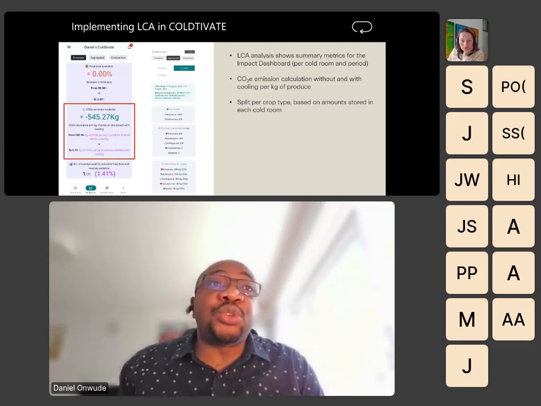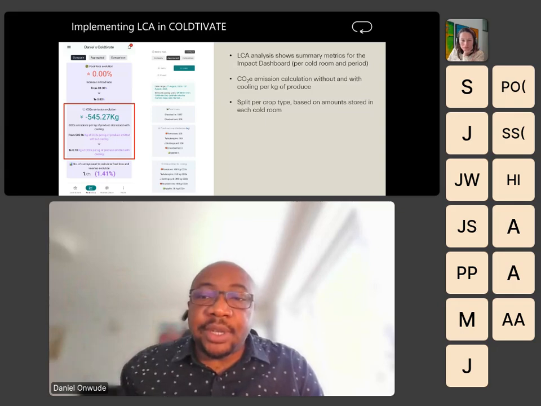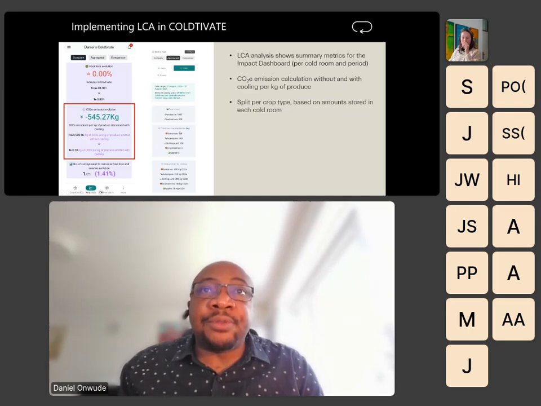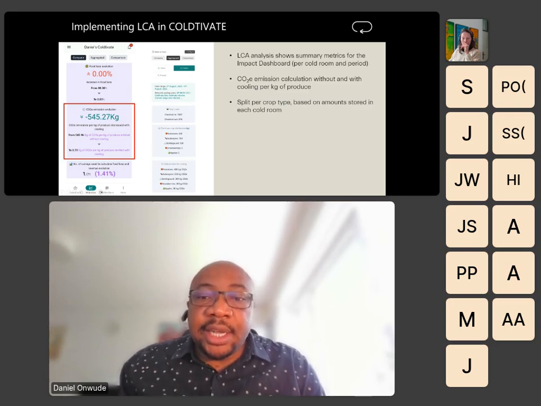But the dashboard also shows more than that. It also gives us other metrics, like the individual contributors, such as the fruits or the crates. You can get the overall impact, but you can also get the specific individual contributors to this overall impact. So this is very important to highlight.